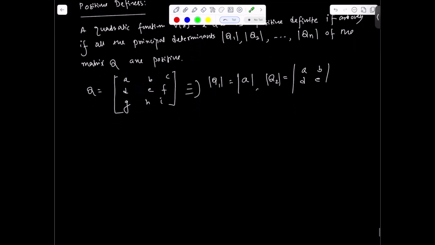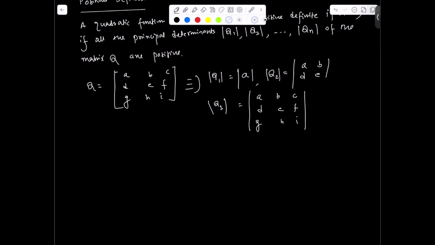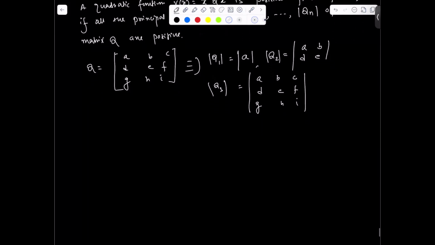And Q3 we can form as the whole one, A, B, C, D, E, F, G, H, and I. So this is basically the third principal determinant.